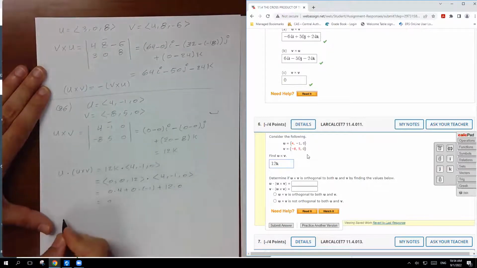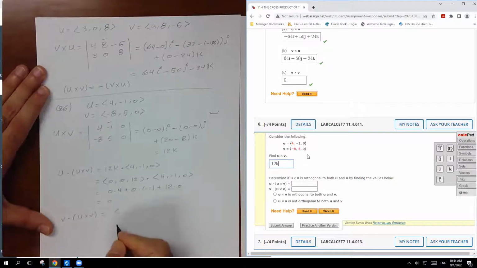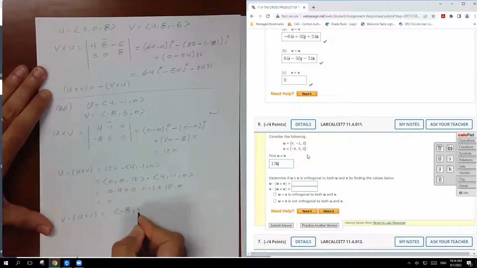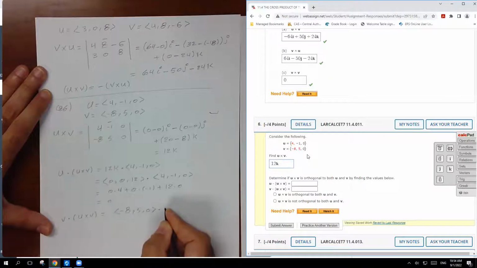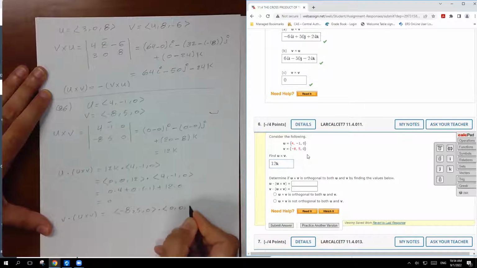The same thing if you say v dot product with u cross v. We're going to multiply v, which is negative 8, 5, and 0, with the cross product, which is 0, 0, 12.